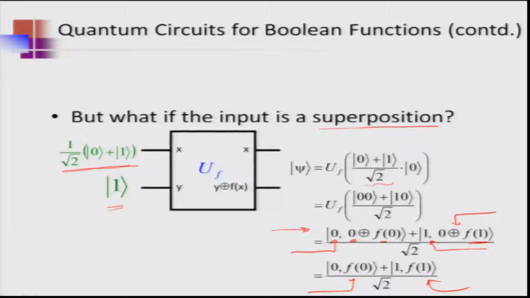So, when we have this situation, we end up having a condition where both f of 0 and f of 1 are simultaneously being done as a result of applying the superposition state in the input condition.